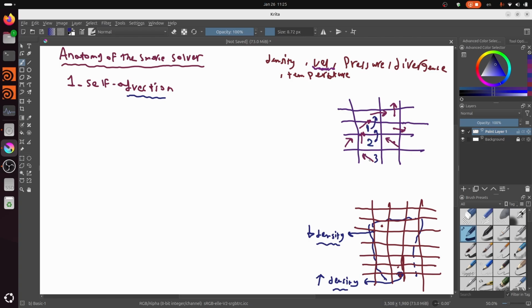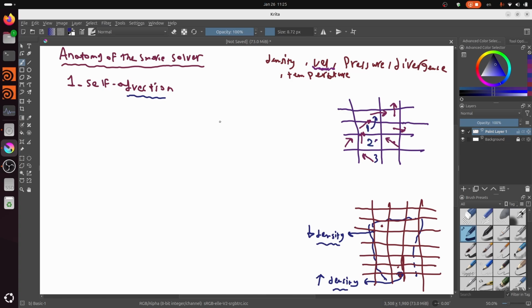So the result is going to be a value of 3 here, a value of 2 here, and a value of 1 here. And this is just a simple explanation. We are moving the values of the field according to our velocity. This is just the meaning of advection.